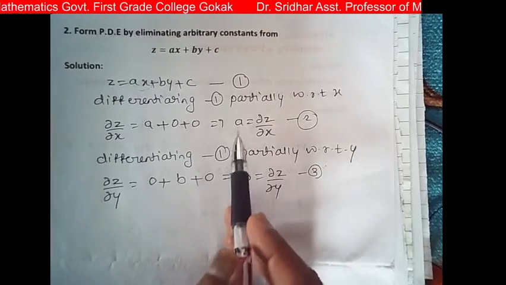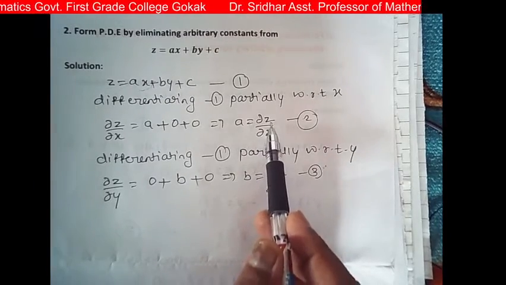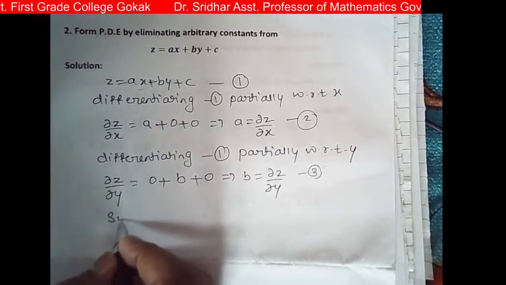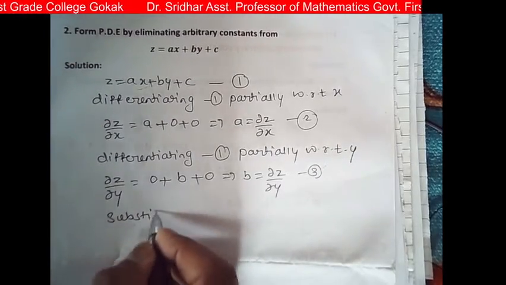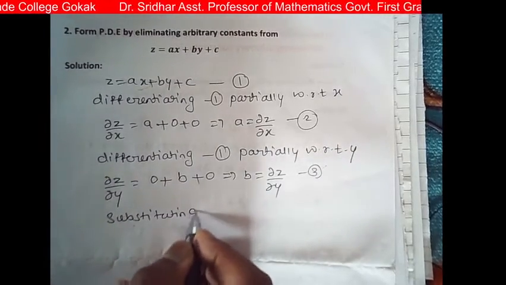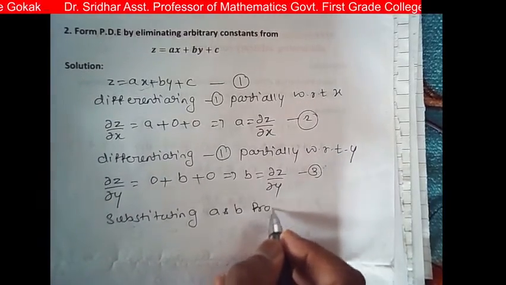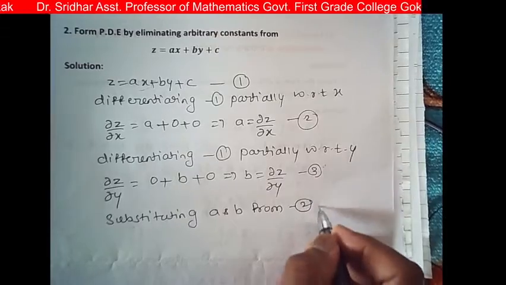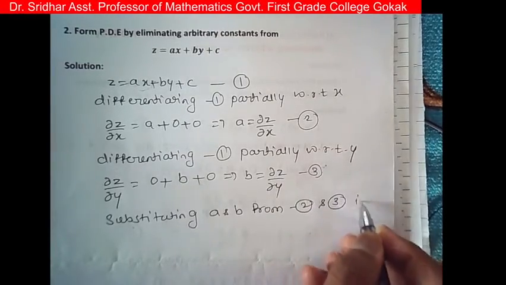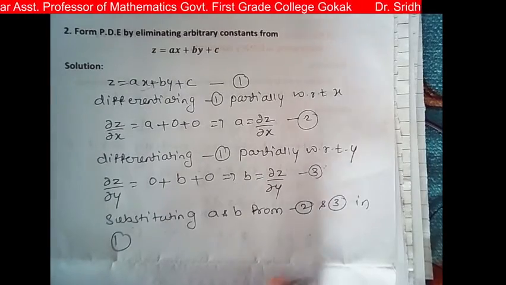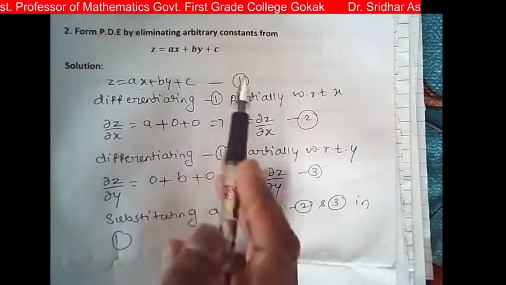Now we got the values of a and b in terms of dou z by dou x and dou z by dou y. So now substituting a and b from equation 2 and 3 in this equation 1.